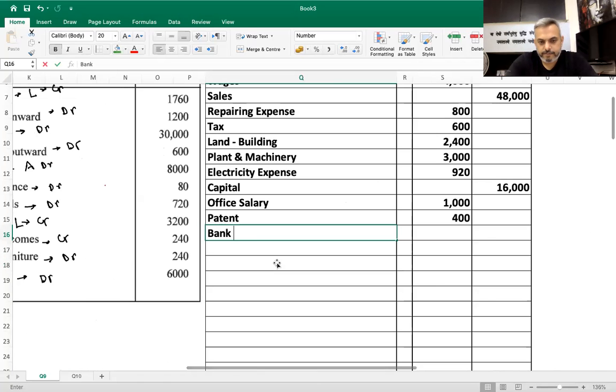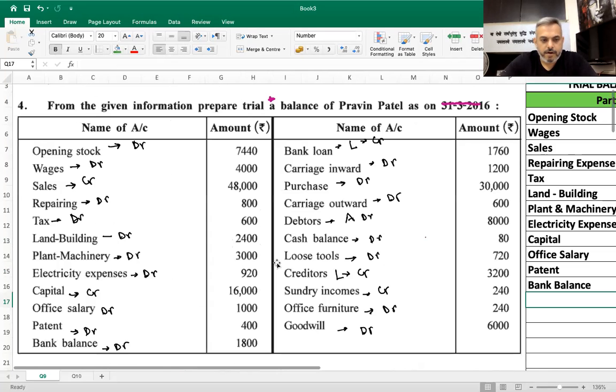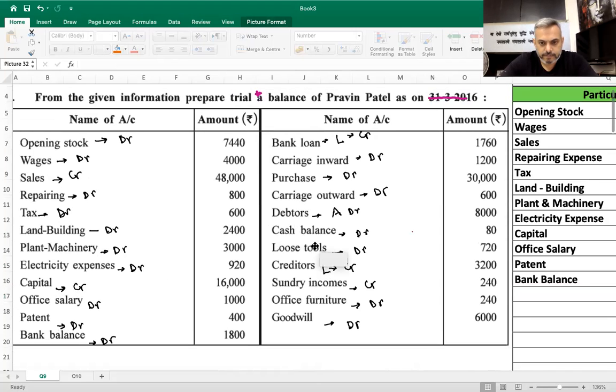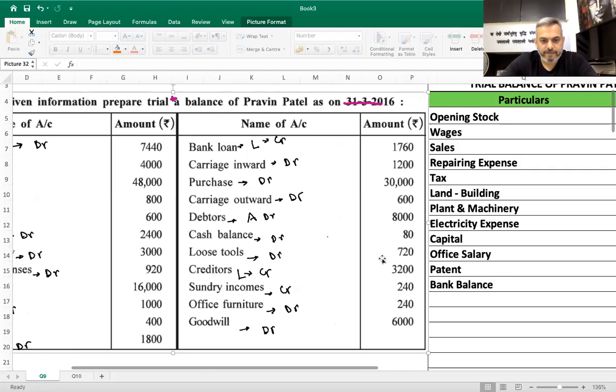Bank balance 1800 debit. Now bank loan, so it's a liability 1760.